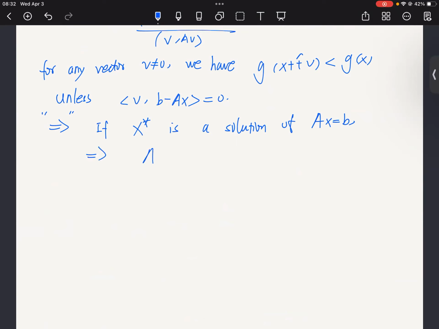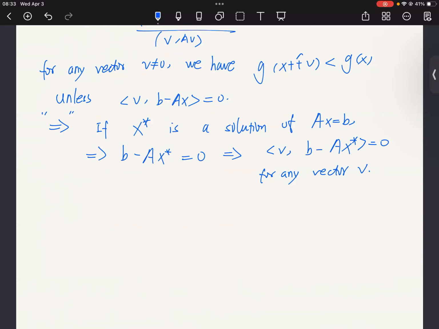This means that b minus A x star equals 0, right? And this also means that for any vector v, which is non-zero or zero, it doesn't matter, this inner product equals 0, because x star is the solution of Ax equals b.